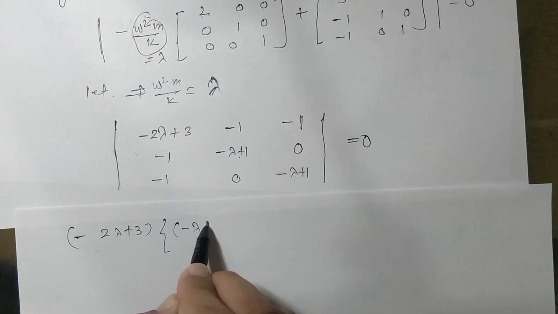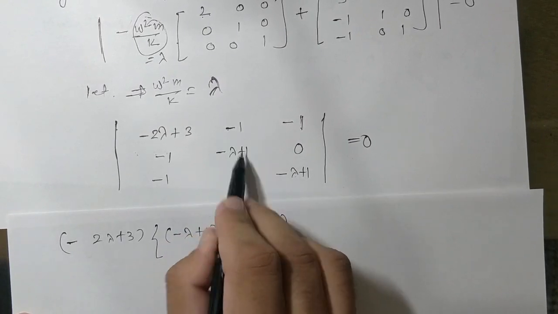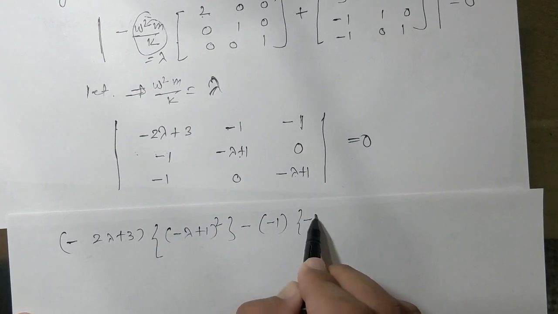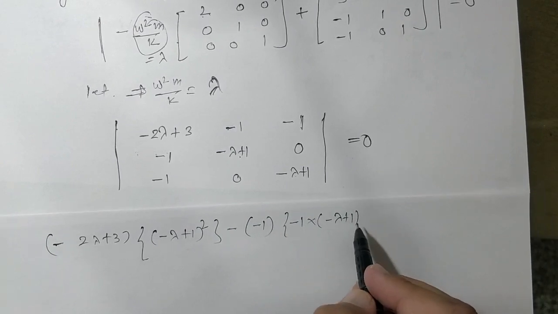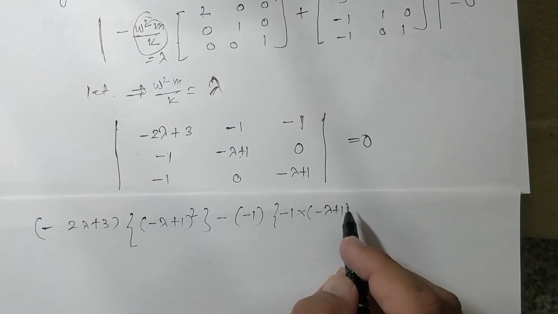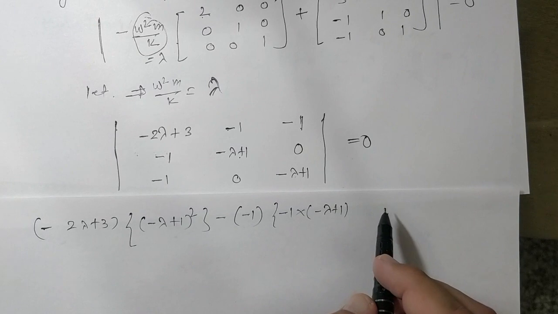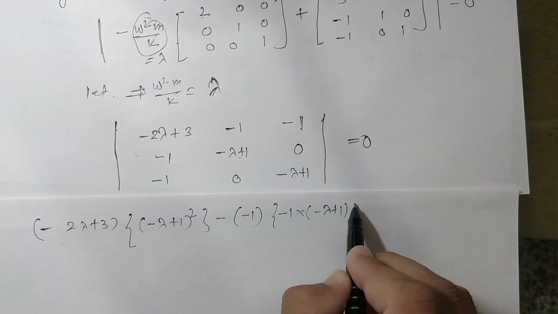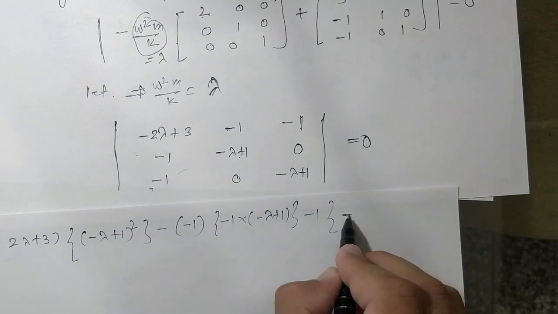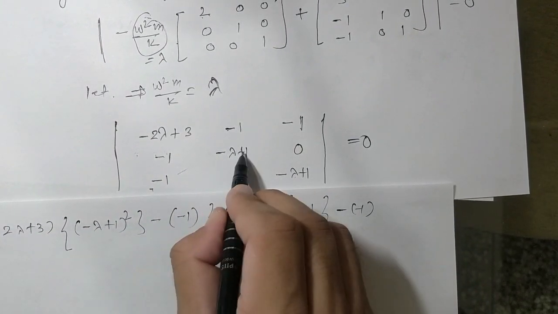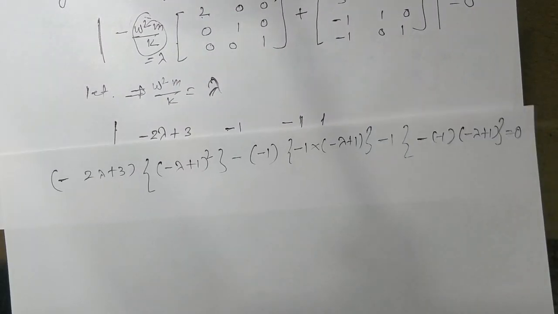So this becomes minus lambda plus 1 whole square, and minus 1 multiplied by minus 1 and minus lambda plus 1, and next is minus 1, and this becomes 0, and this becomes minus 1 multiplied by minus lambda plus 1, is equal to 0.